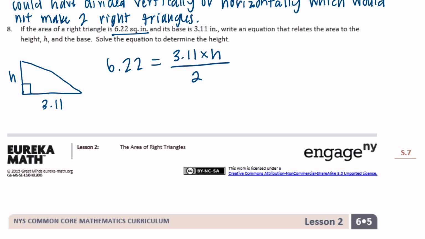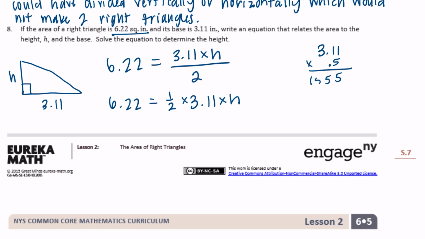And what we can do is I'm actually going to do it this way. 1/2 times 3 11/100 times the height. So let's do 1/2 times 3 11/100. I'm just going to make it times 0.5. So 5 times 1 is 5, 5 times 1 is 5, 3 times 5 is 15.